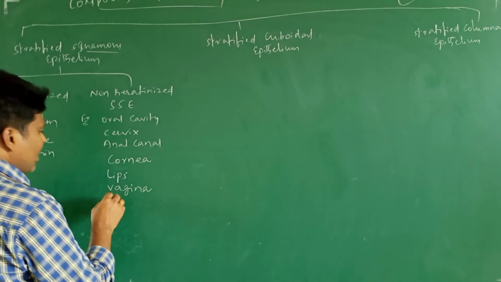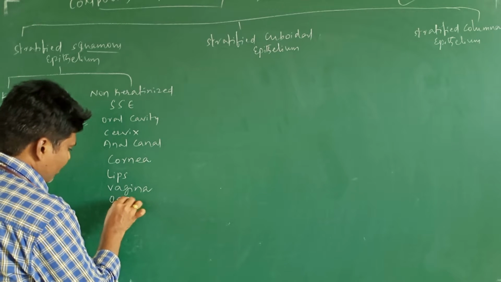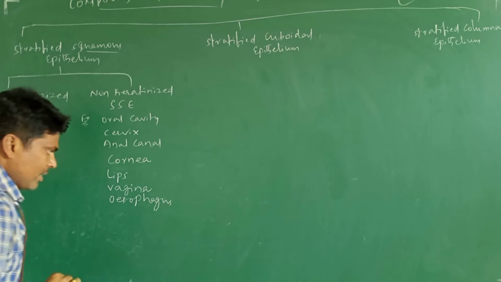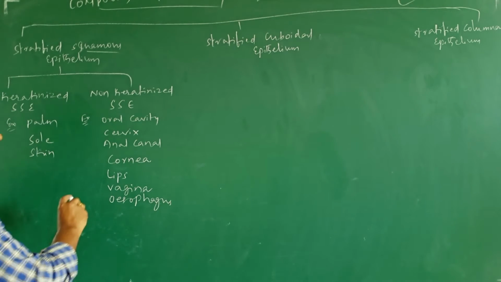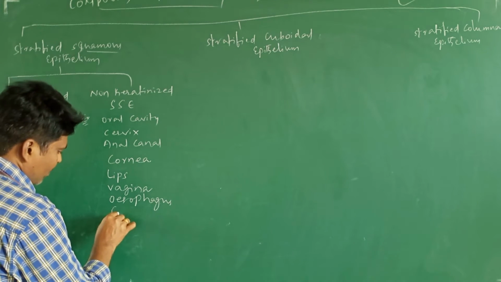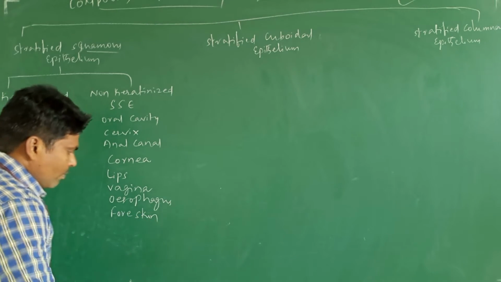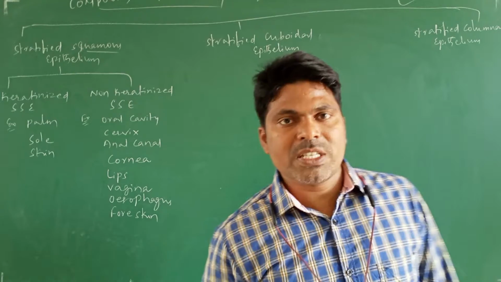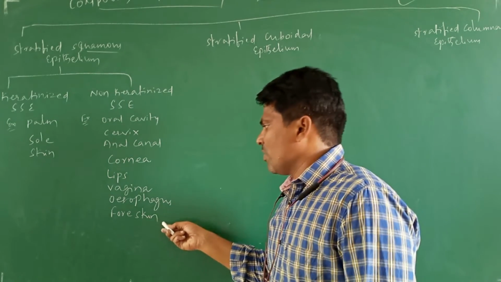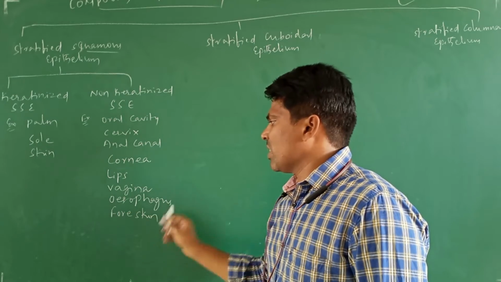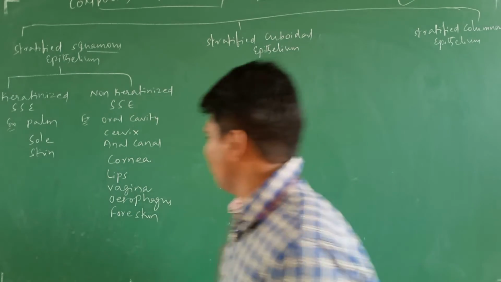And the esophagus also, and the foreskin also. The male reproductive system consists of the penis, and the skin portion of the penis we call the foreskin.